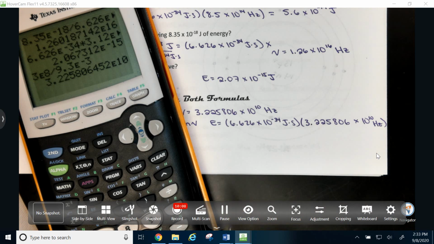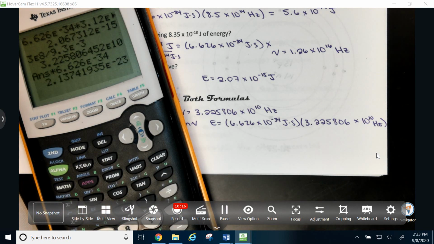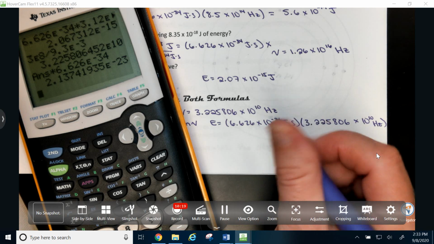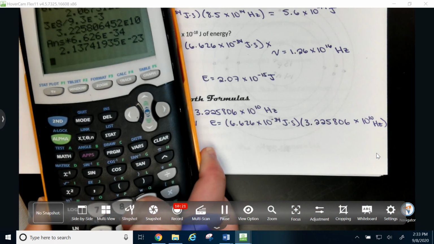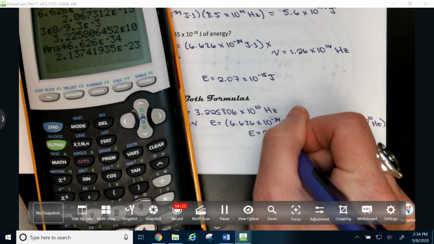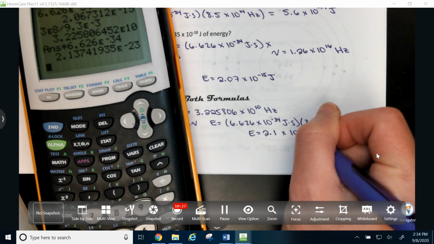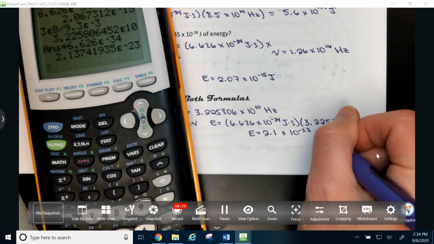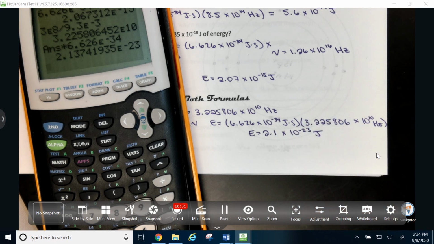So I'm just going to take my answer in my calculator, multiply it by Planck's constant, and I'm going to round to 2 sig figs because of the 9.3. So my energy is going to be 2.1 times 10 to the negative 23 joules because we're solving for energy.